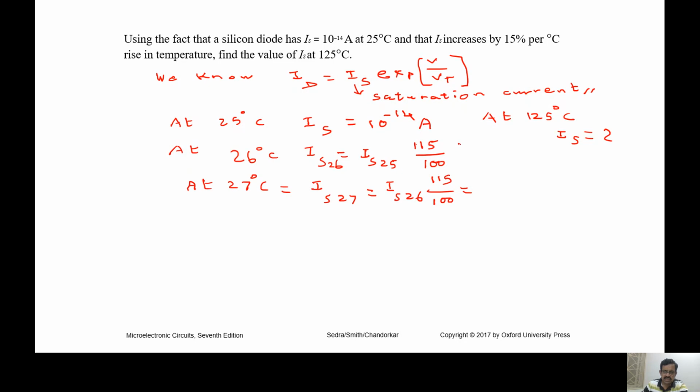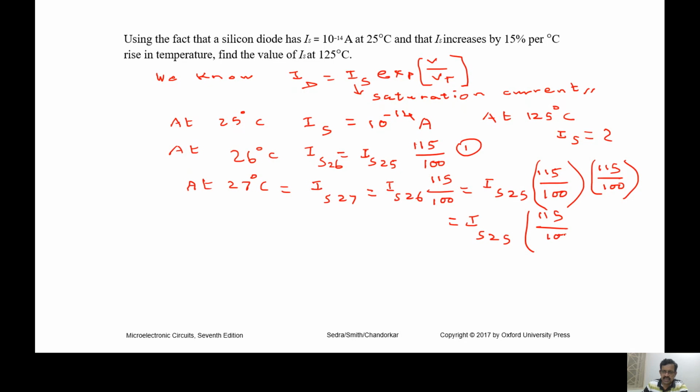So substituting equation 1 in equation 2, I will get IS25 times 115 by 100, for this factor, and then there is one more 115 by 100. So IS27 is IS25 times 115 by 100 squared. I think now you got the answer of what it should be.